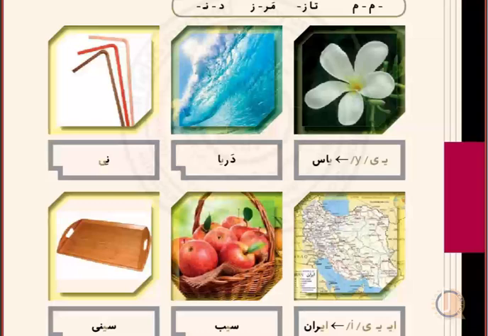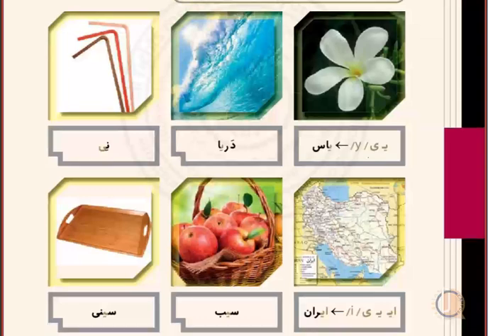We have ye that has two sounds. You see one of them here. Ye, small ye, capital ye. The sound is y, as in yas, jasmine. Darya, sea. Ney, you see what it is. The other forms, see, these two forms are common with these two forms, and another new form for the beginning position we have.